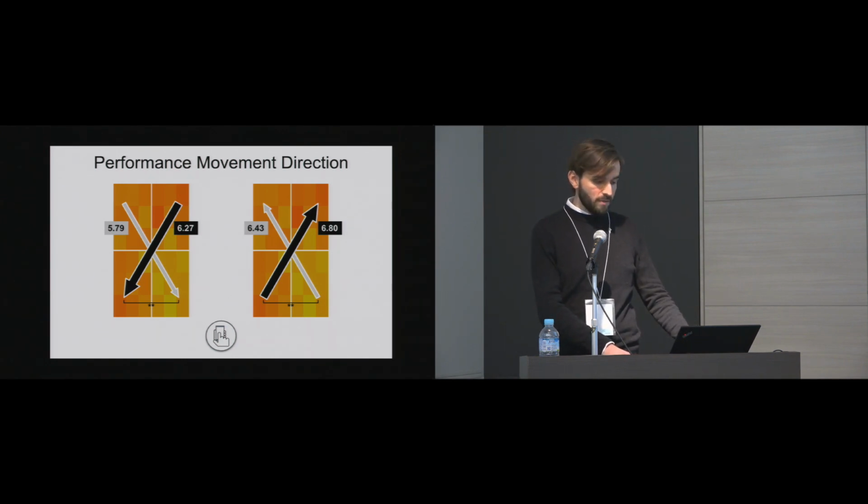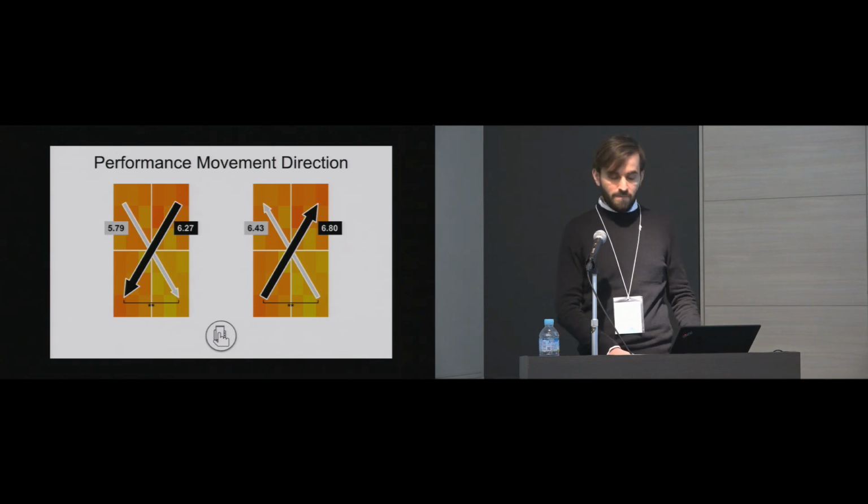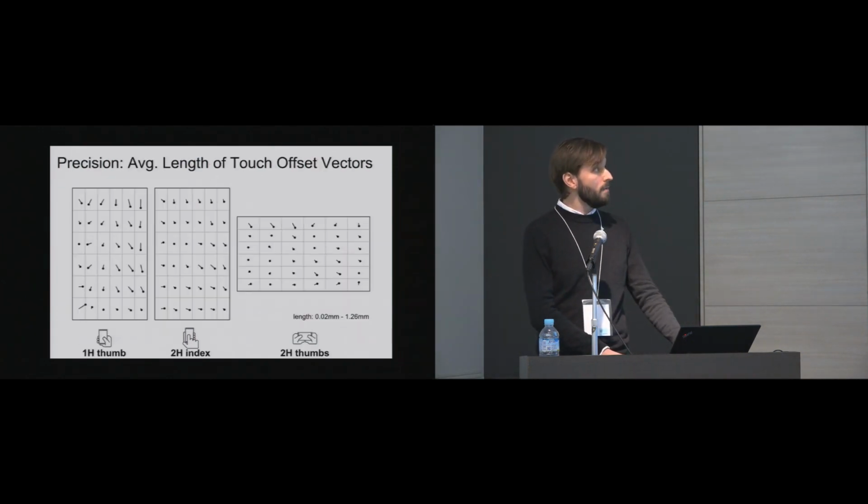And now let's look at the precision results. Remember, we used touch offsets as an indicator for precision, the difference between the center of the target and the actual touch point. And here you can see that the one-handed thumb grip is the least precise compared to the other two grips.